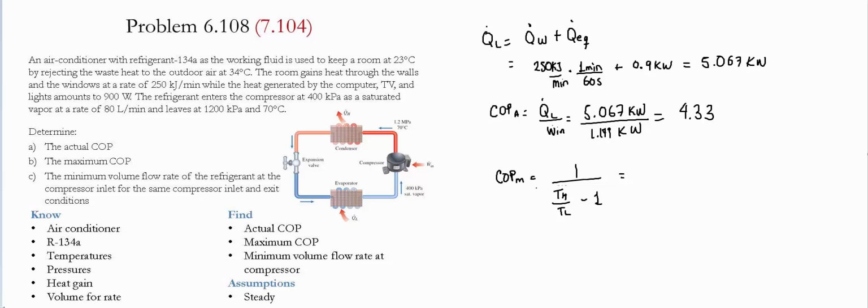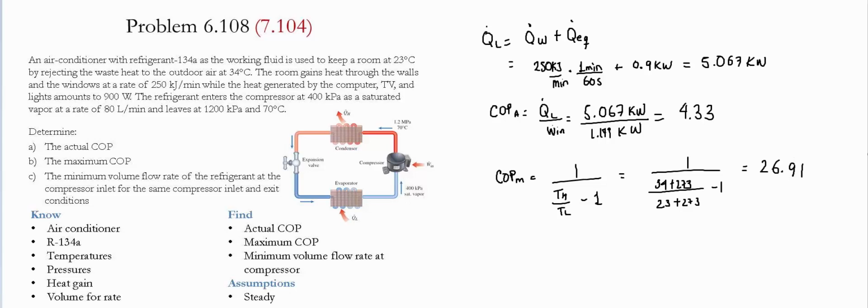Remember, the coefficient of performance must be calculated using absolute units. So we have 1 divided by 34 plus 273 over 23 plus 273, minus 1. And we calculate this, and we see that the maximum coefficient of performance is 26.91.